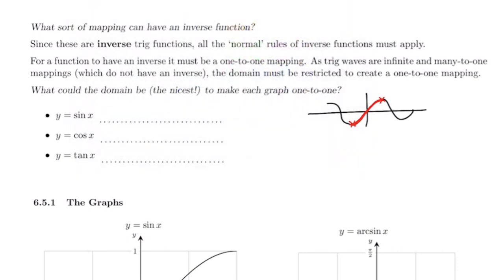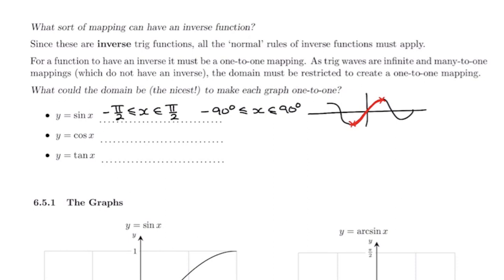So the restriction for sine is negative pi over 2 is less than or equal to x, which is less than or equal to pi over 2. So that's the domain I'm going to pick. Of course, we can do it in degrees as well. So negative 90 to 90.